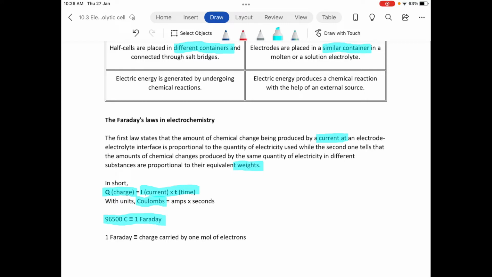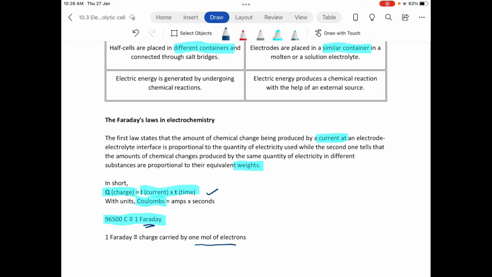Coulomb ni bila kita calculate guna formula current times time ni tadi, yang kita dapat daripada kita punya electrolytic cell ni tadi. Okay, Faraday ni pula kita dapat dari mana? Kita dapat daripada amount of charge carried by 1 mole of electron.